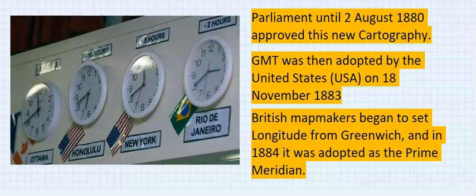With this development, British map makers began to set longitude from Greenwich, and in 1884 it was adopted as the prime meridian.